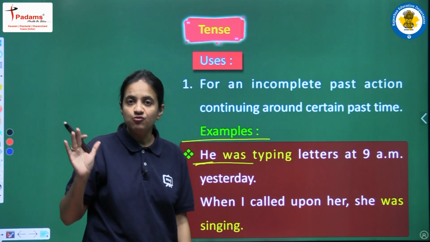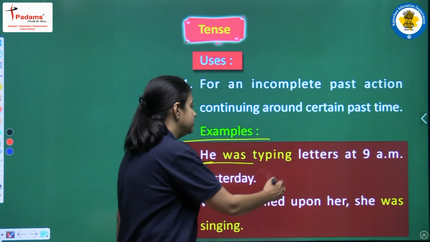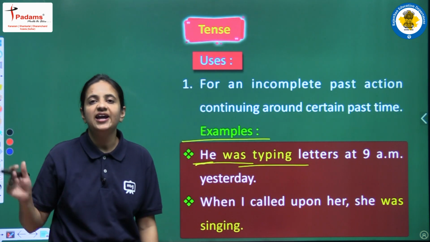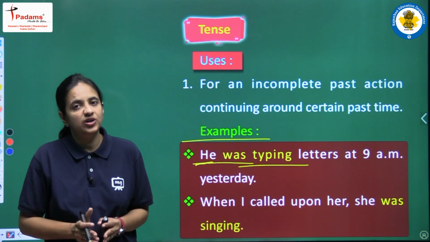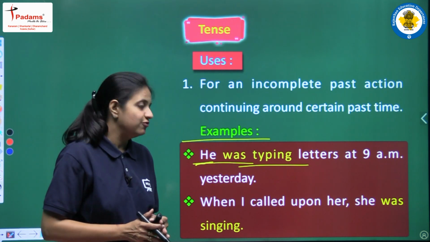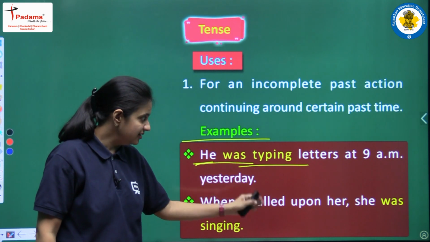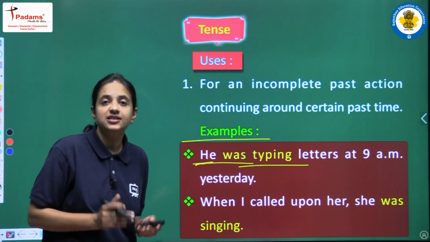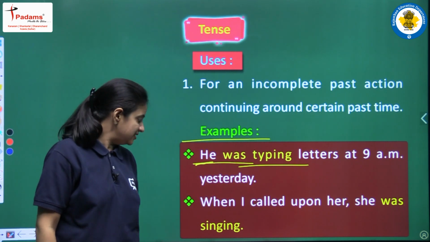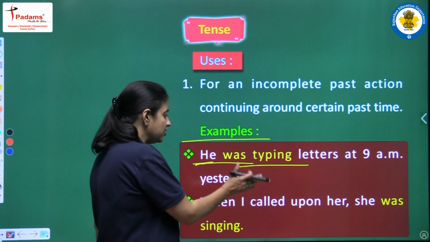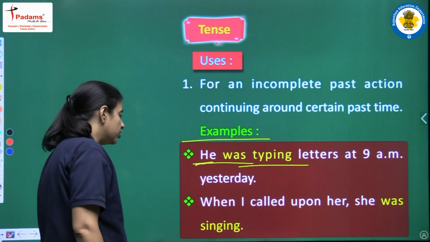So we are writing was for he and type is the first form and we are adding ing. So the word that we will have it will be typing and the sentence will be he was typing letters at 9 a.m. yesterday.